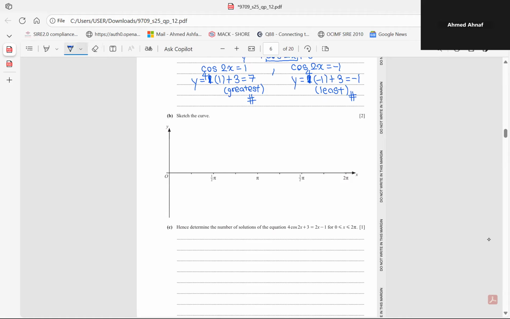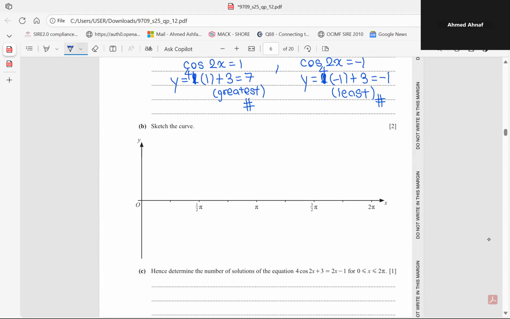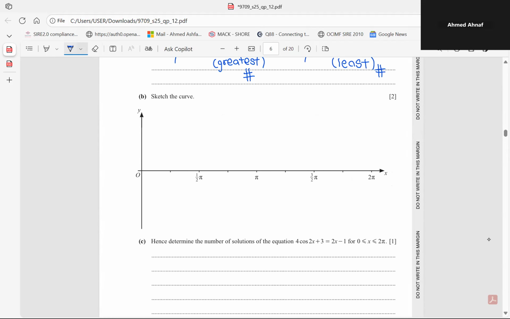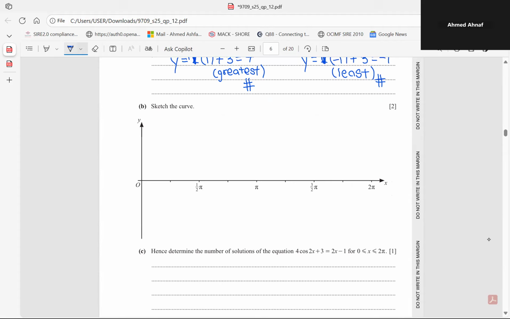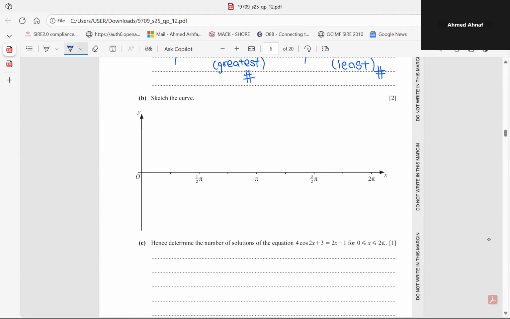Okay, so in order to do this, I'm going to label our axes first. So this would be 1, 2, 3, 4, 5, 6, and 7.